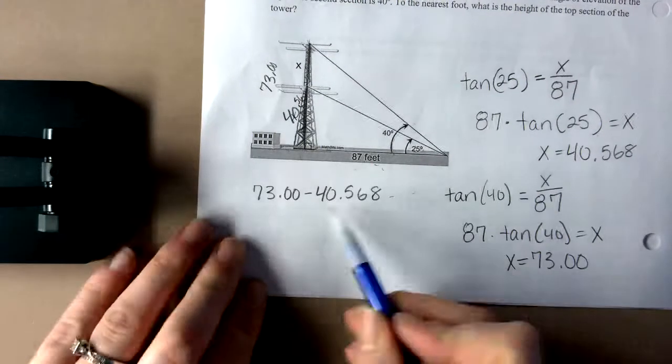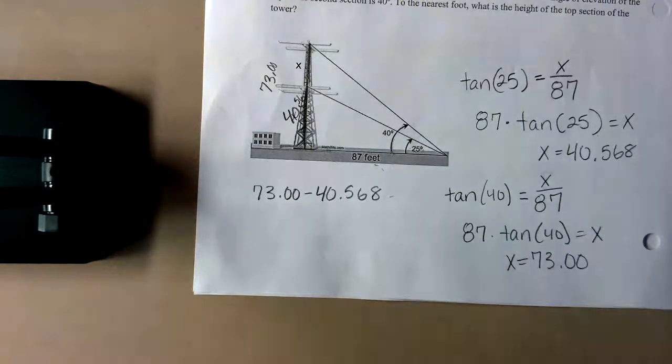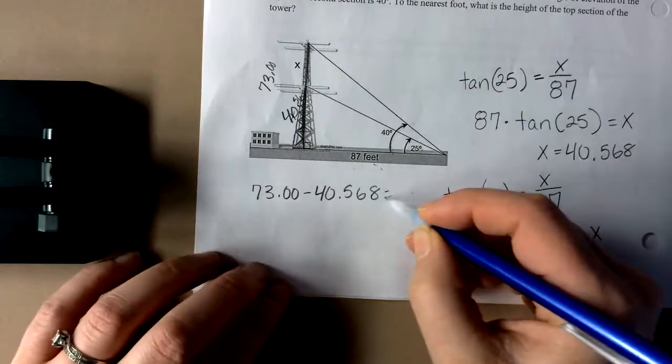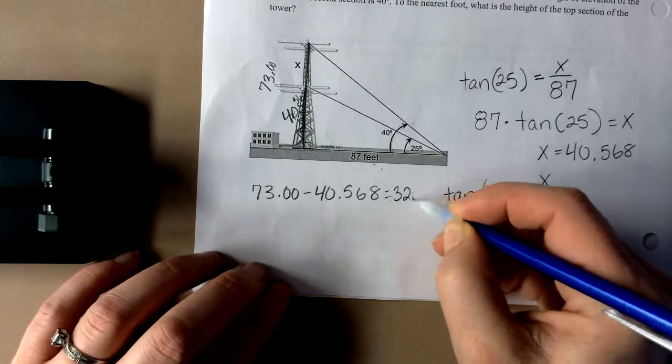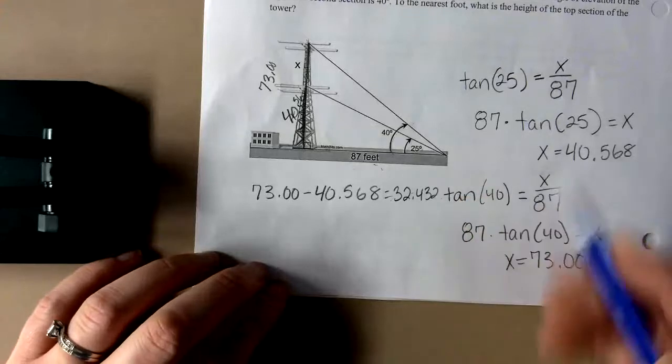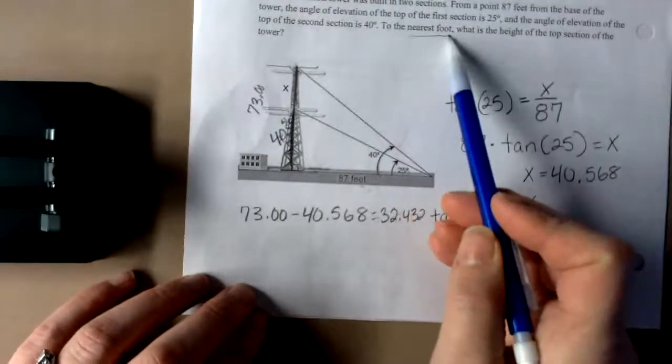Sorry, I had to get my calculator. 73.00 minus 40.568, so it's 32.432. It says to the nearest foot is what we're going to round to.